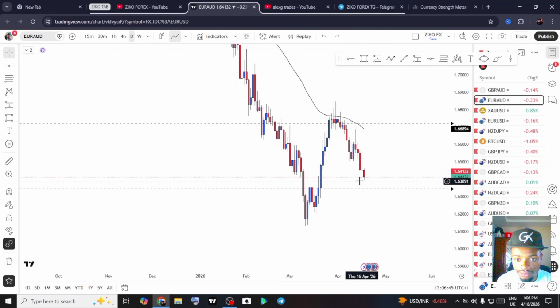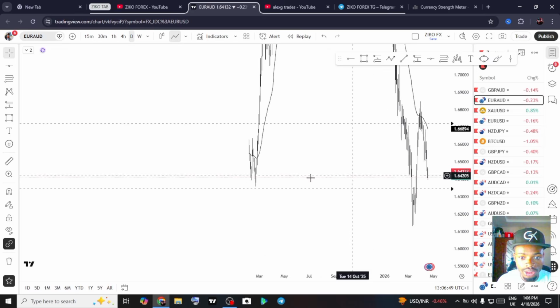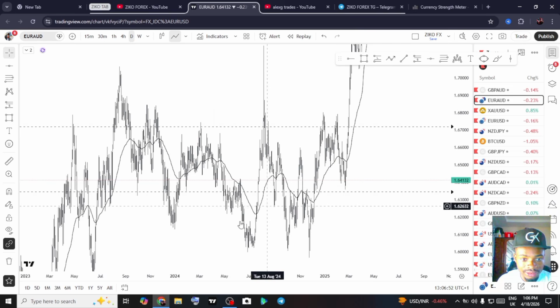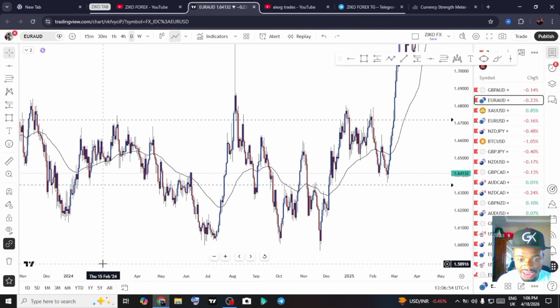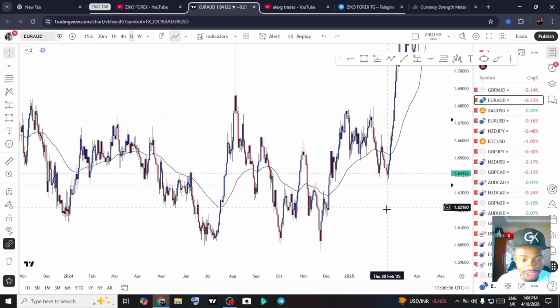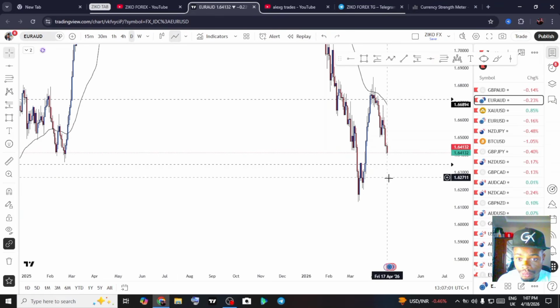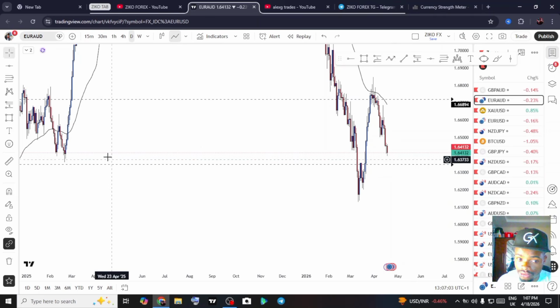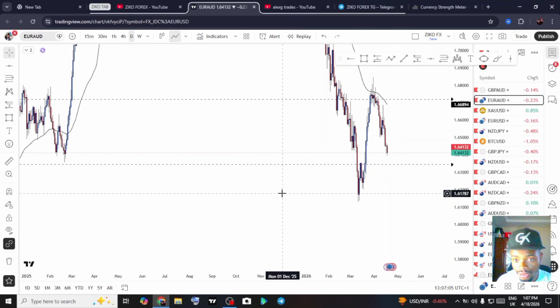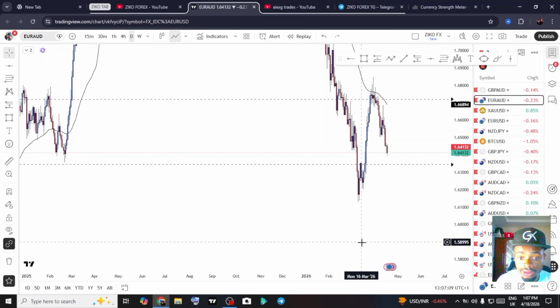But right now, price is clearly bullish, and there's no clear area of interest to use, as you can see right here. So this is like 2 years of price action. I don't think I like it, to be honest. I don't really like it, because you'll be expecting a buy from here, but I don't think it's actually going to be happening, right? So I'll not really be paying attention to Euro AUD this new week.